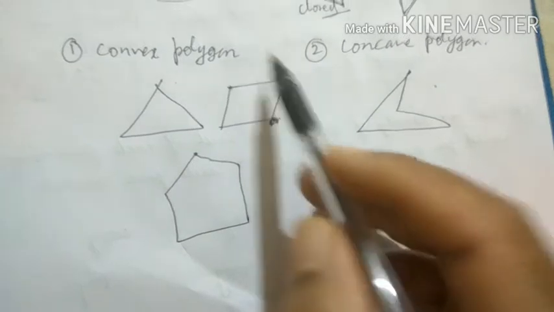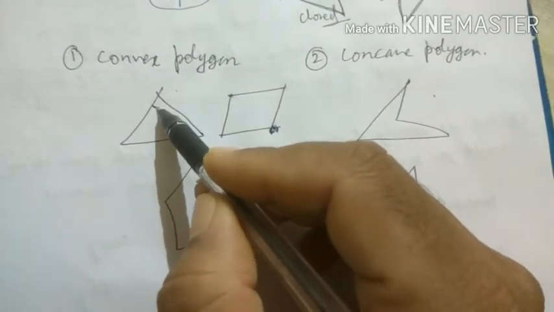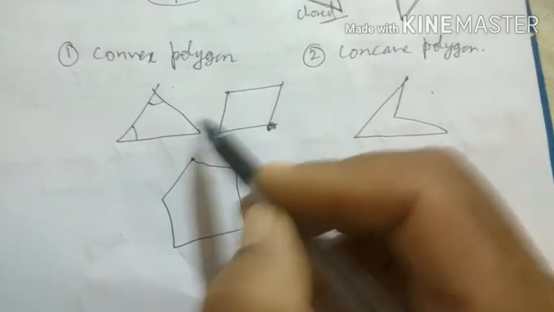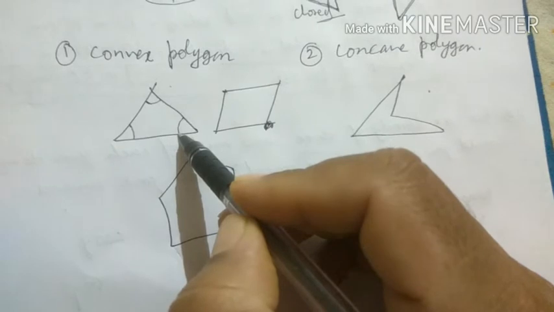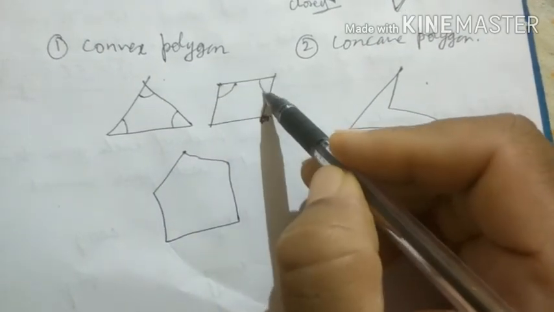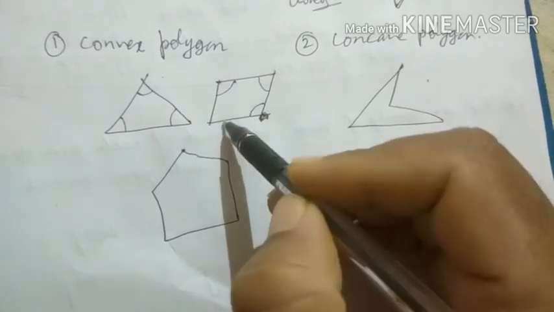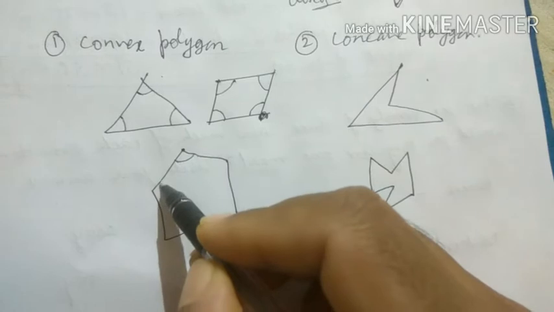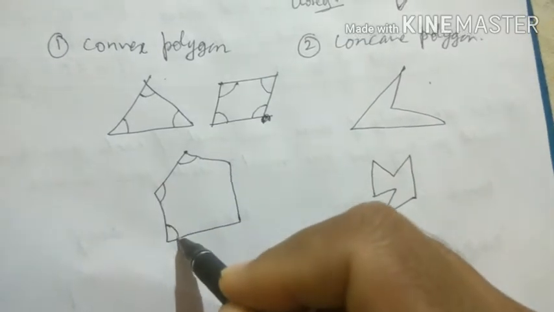Okay. See all the convex polygons. Here each angle is smaller than 180 degrees. This angle is smaller than 180 degrees, this angle, and this angle too. These all four angles are smaller than 180 degrees. Here all the five angles are smaller than 180 degrees.